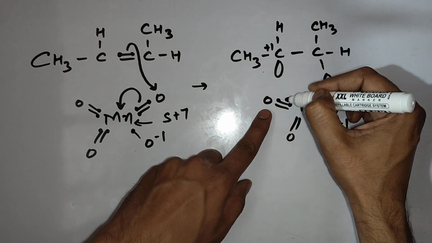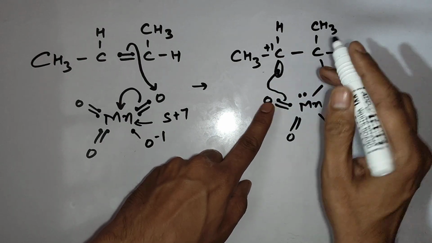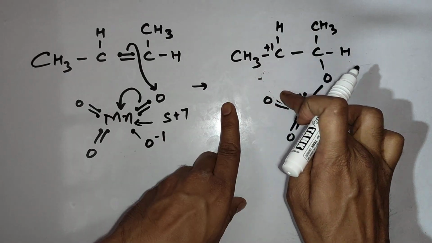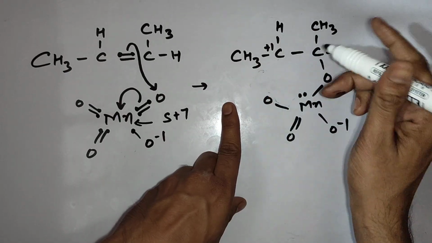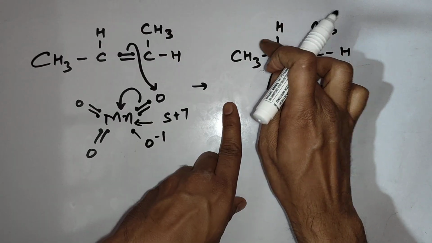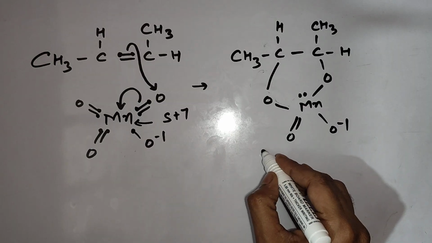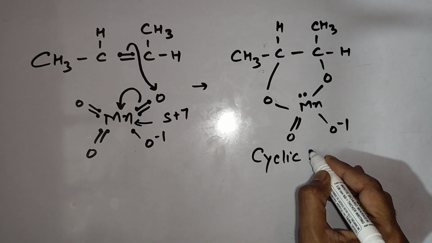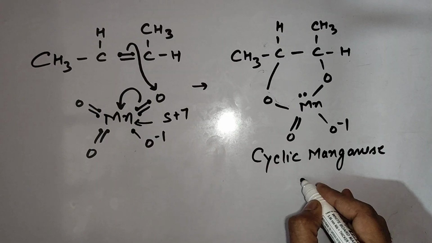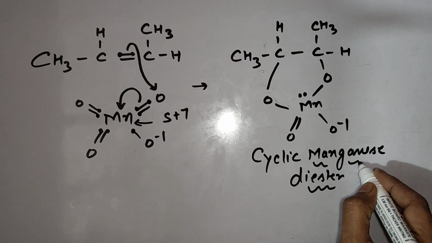In the previous video I also told you what to do. Pi electrons are there, they will satisfy the vacant orbital. So between this carbon and this oxygen a dative bond will generate like this, and this +1 charge will finish out. What is that? This is a cyclic manganese diester. This one.